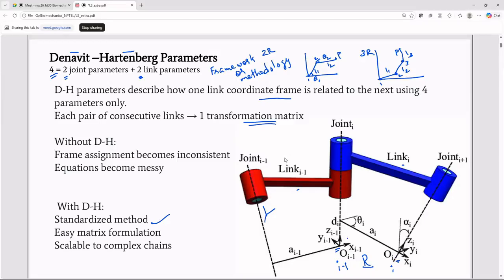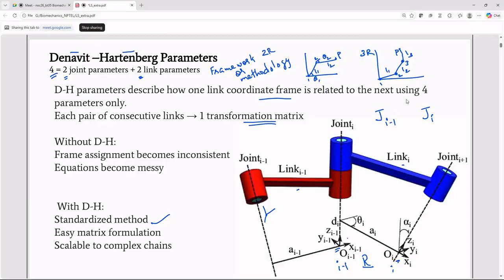And matrices can be easily calculated. Suppose the relation between these two: here we have joint I minus 1 and joint I. So here it connects between 2 links.